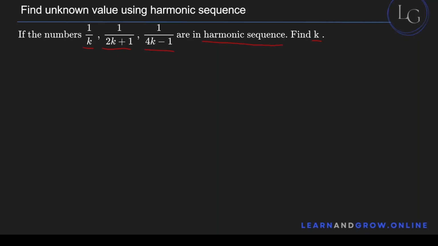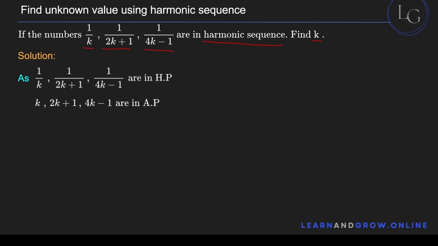There are so many formulas, so many strategies, but in this particular case, things are very simple, because as you know, the very first step in solving a question with a harmonic progression is to convert it into an arithmetic progression, and that we can do by taking the reciprocals of every term.